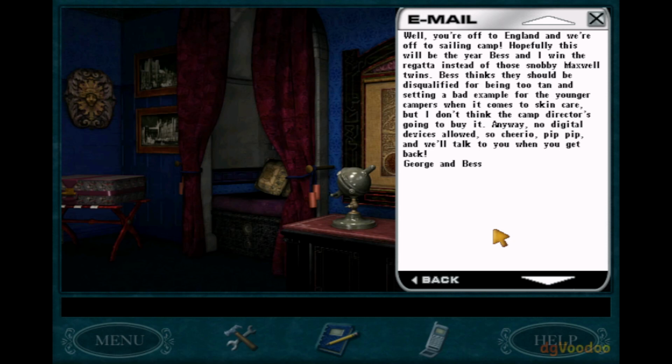But I don't think the camp director's going to buy it. Anyway, no digital devices allowed, so cheerio, pip pip, and we'll talk to you when you get back. George and Bess. Okay, so that's why we can't call them.